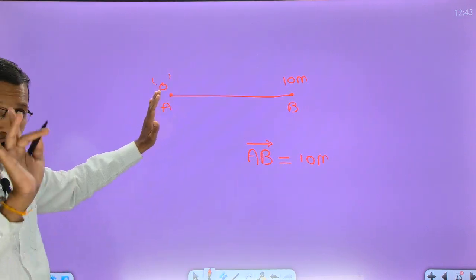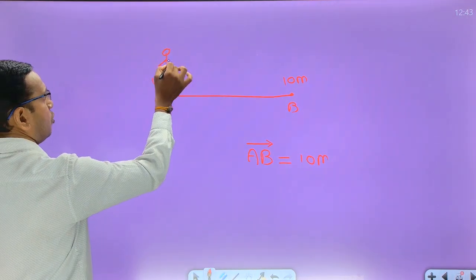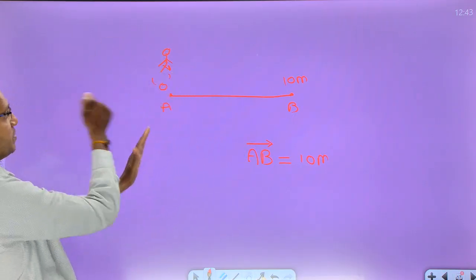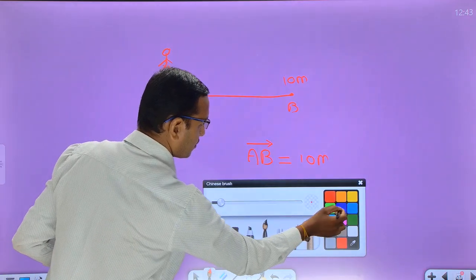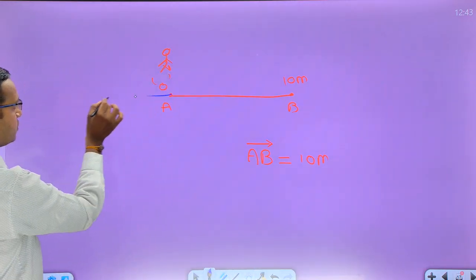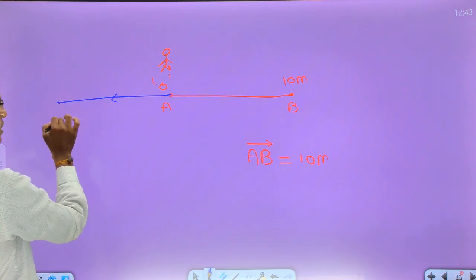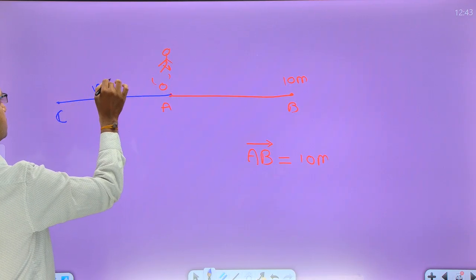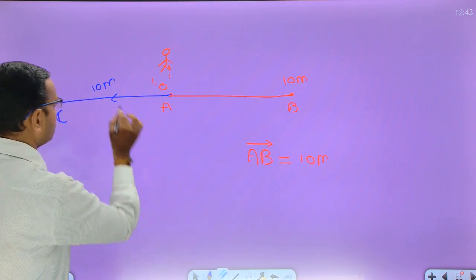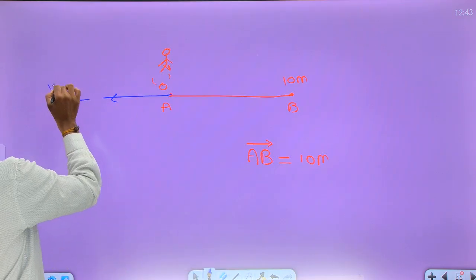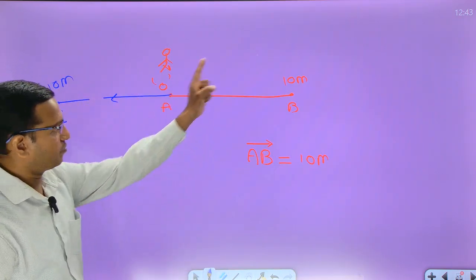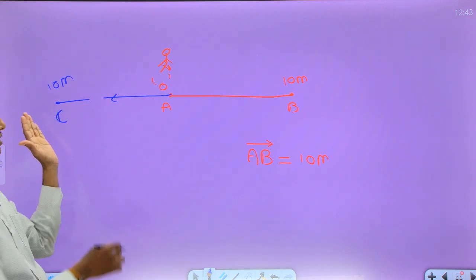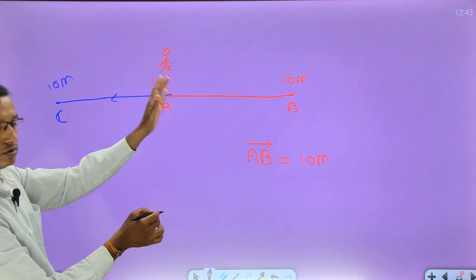The same person has moved right, AB bar equal to 10 meters. Now the same person is moving left in a straight line path, the same distance, 10 meters. From A to B it is displacement, the shortest path. From A to C, that is also displacement, starting from 0 meters.